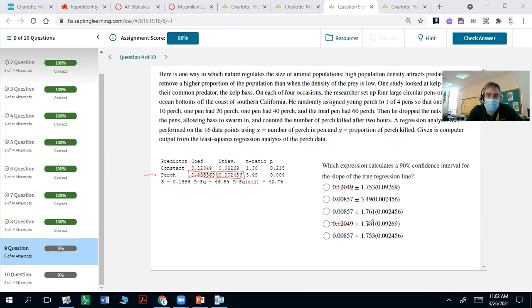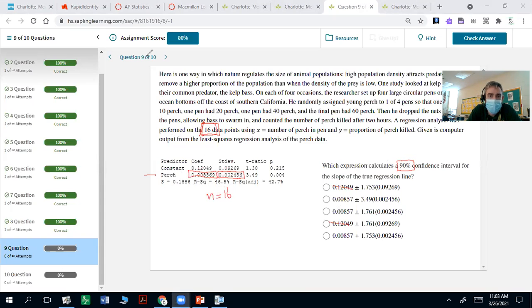But now we've got to figure out the appropriate number that is going to be the critical value, okay? Using 90% confidence, and we've got to figure out how many people were in the sample, or perch were in the sample. Oh, 16. Oh, it's the same problem. Were you able to get it? Okay.